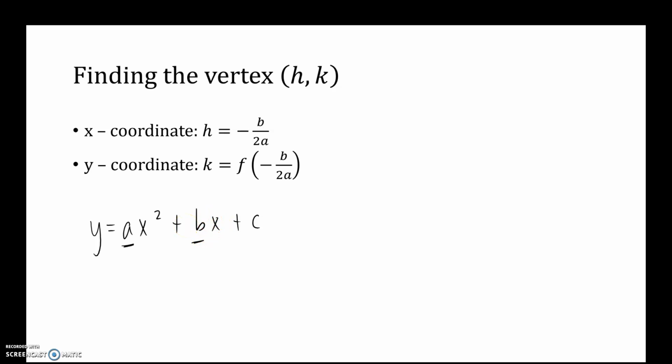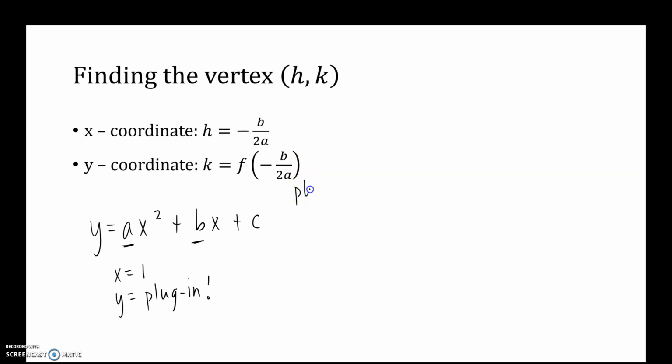Well, where does our y-coordinate come from? Well, think about this. If I tell you I have a value for x, let's say x is equal to 1, where does my y value come from? I have to plug it back into my function. That's all that this says, f of negative b over 2a.